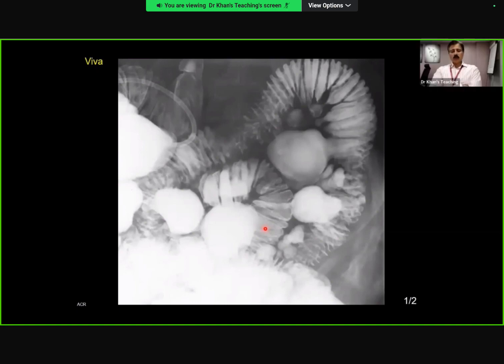Which border is involved? Mesenteric or anti-mesenteric? Mesenteric border. And mucosal irregularity. So I'm not interested in mucosa. Your finding might be there, but what is this? You can see a neck here.